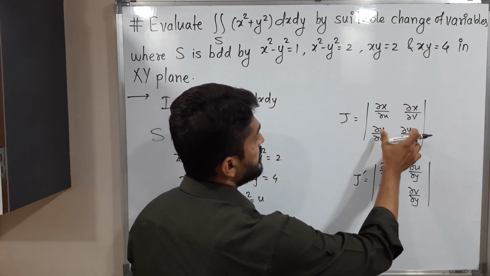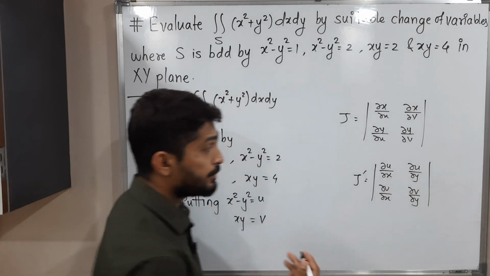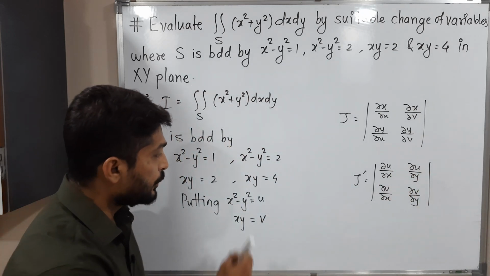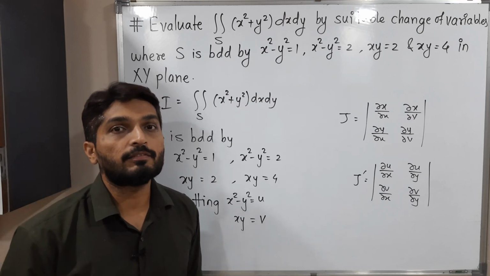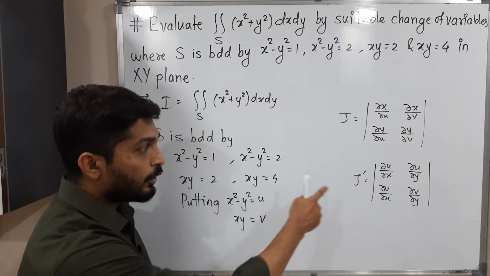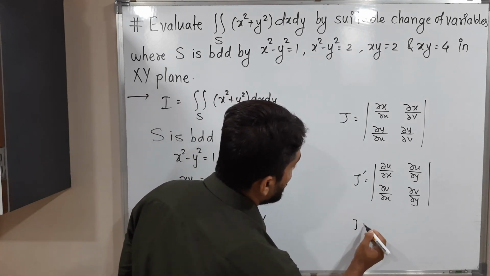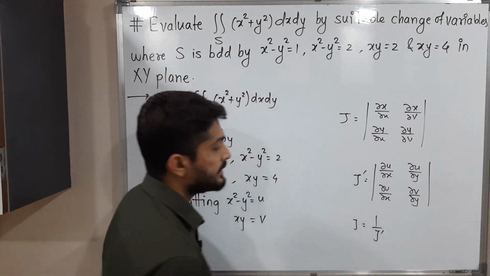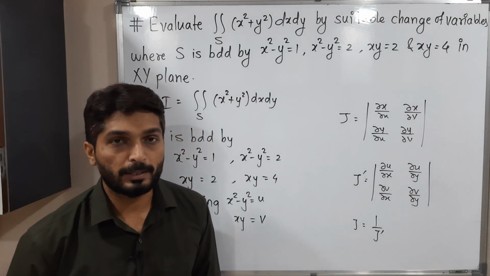We find derivatives of x and y with respect to u and v, and here we find derivatives of u and v with respect to x and y. U and v are already expressed in terms of x and y, so we can easily find the derivatives. So I will follow the second method. I will find J dash, and J is nothing but the reciprocal of J dash. By simply taking the reciprocal, we will get the value of J, the Jacobian.